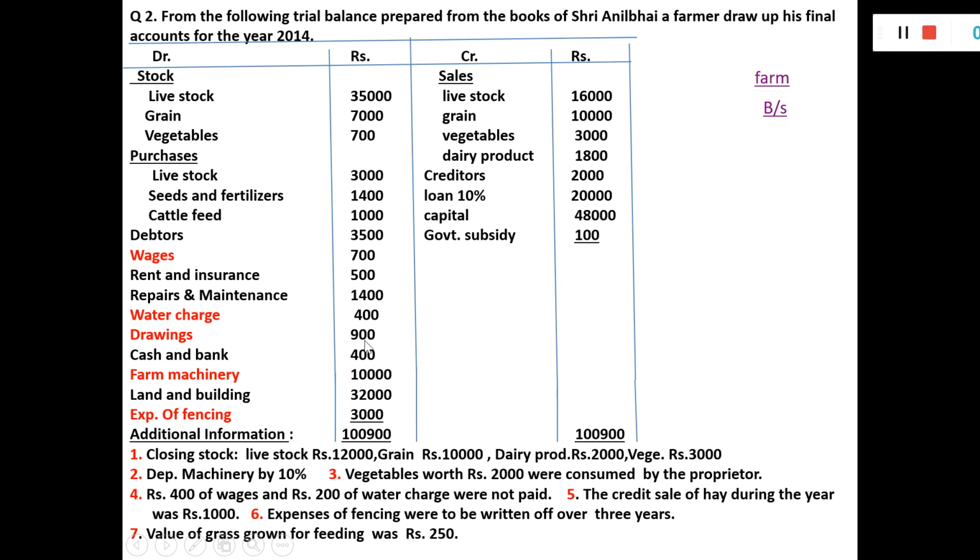Drawings 900. So one adjustment is there. Third adjustment: vegetables worth rupees 2,000 were consumed by the proprietor. So it is taken as a drawing also. Go to the balance sheet.